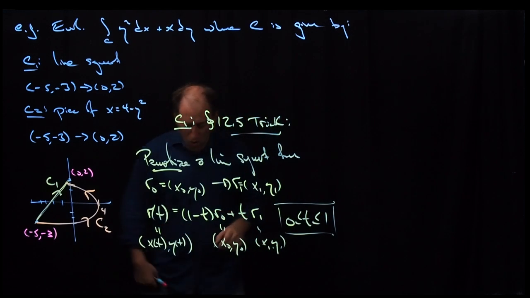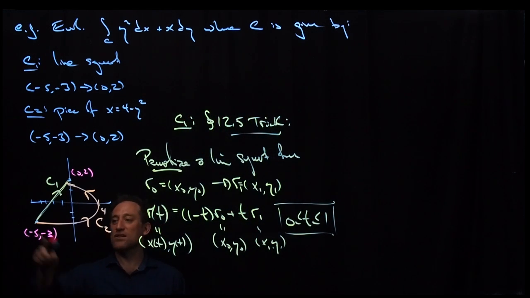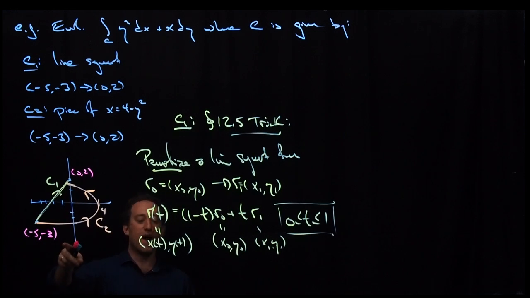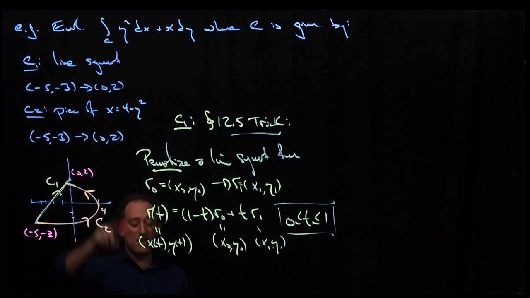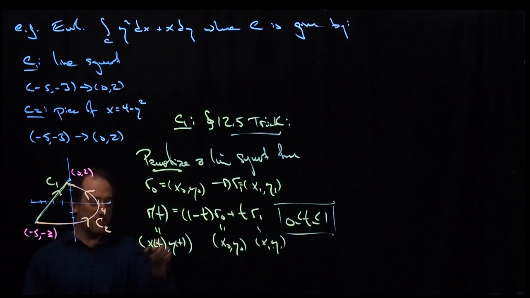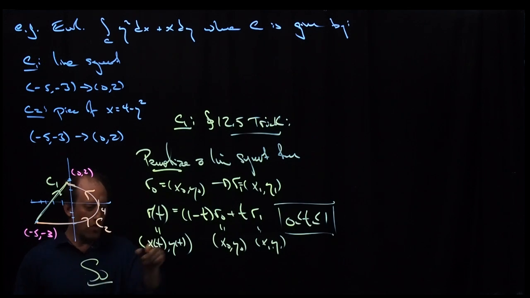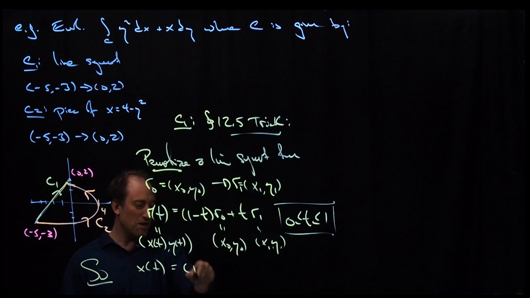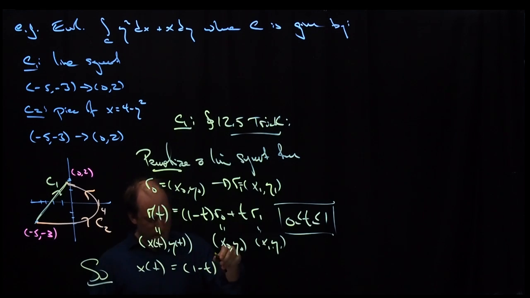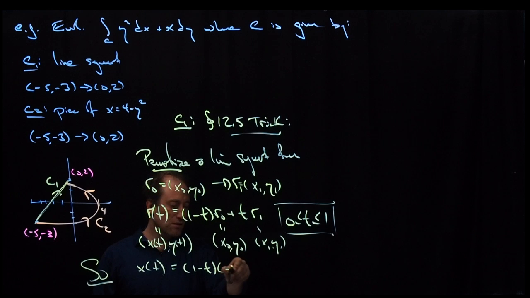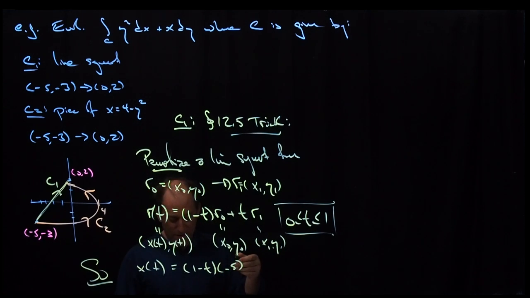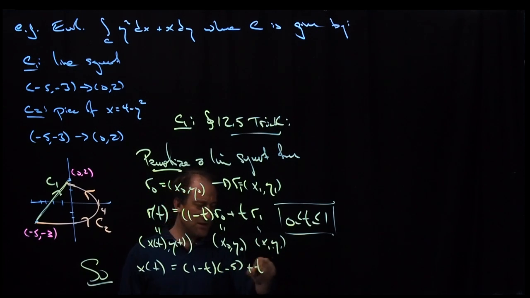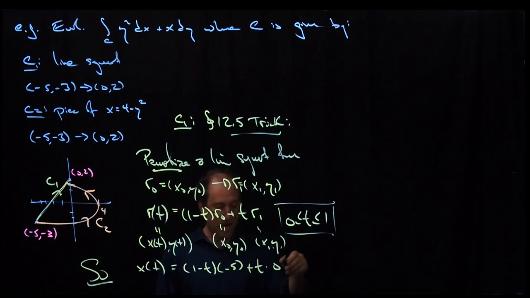All right, so in this instance, going from (-5, -3) to (0, 2), I've got that x(t) will be (1 minus t) times x0, where I begin, minus 5, plus t times the x where I end, 0. Well, this cleans up rather nicely.